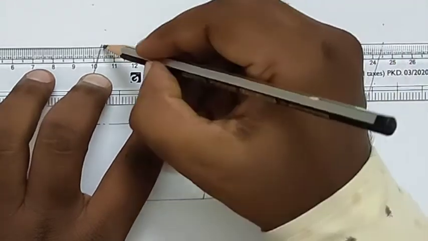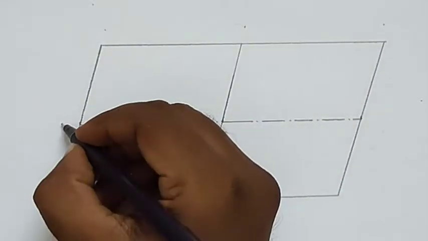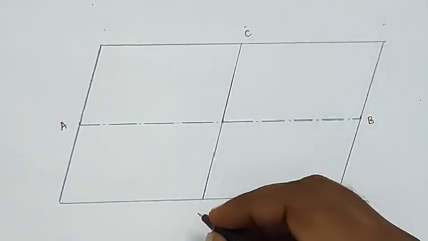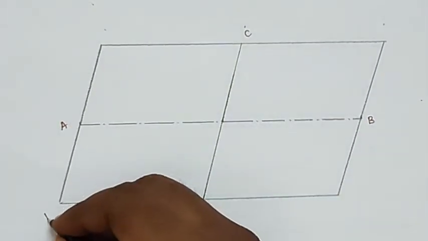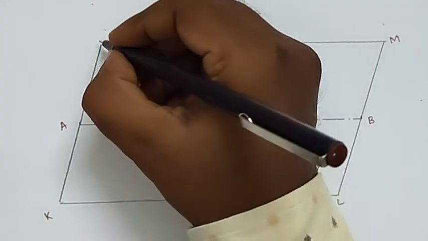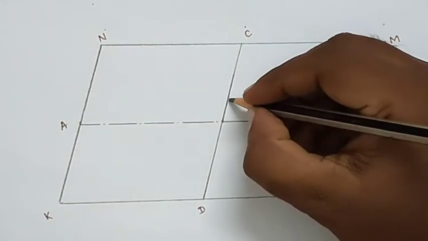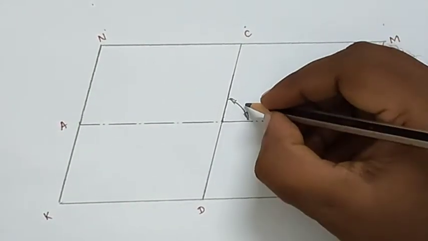I am giving the points also here. I am labeling the major axis as AB and CD is the minor axis. KLMN is here represented as the parallelogram. Here this angle should be, they are clearly giving in our problem, 75.